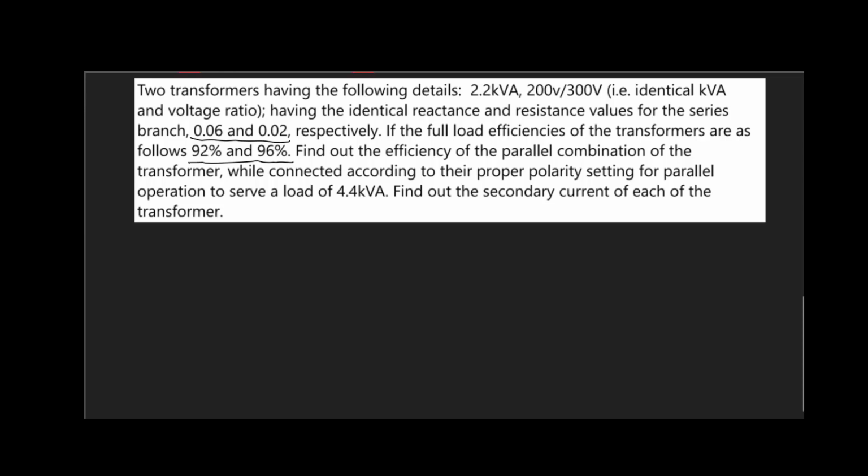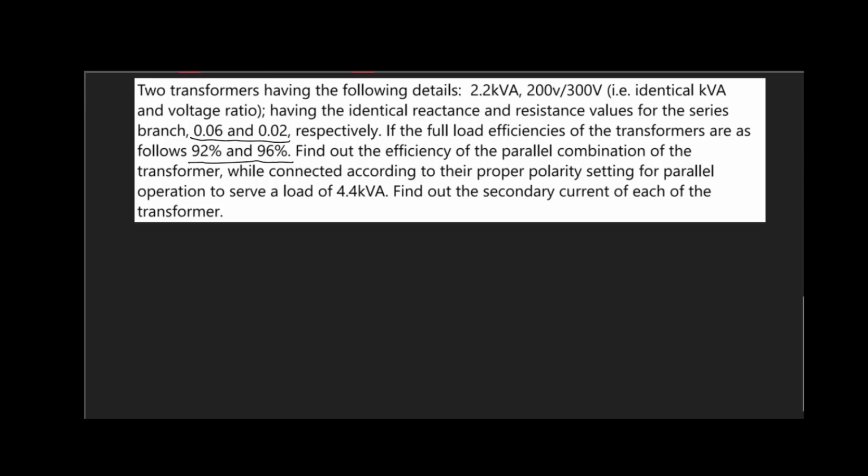However, as both the transformers are identical in all aspects, while talking about load sharing, they will share exactly the same amount of load, like 2.2 kVA of load. Both of them will take 2.2 kVA each.